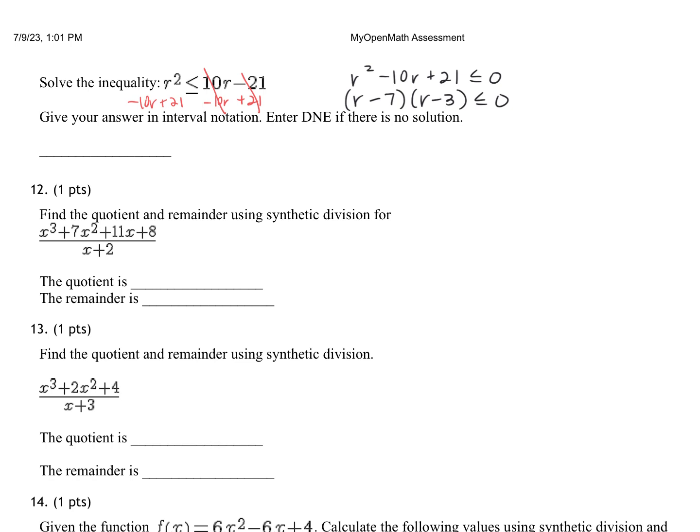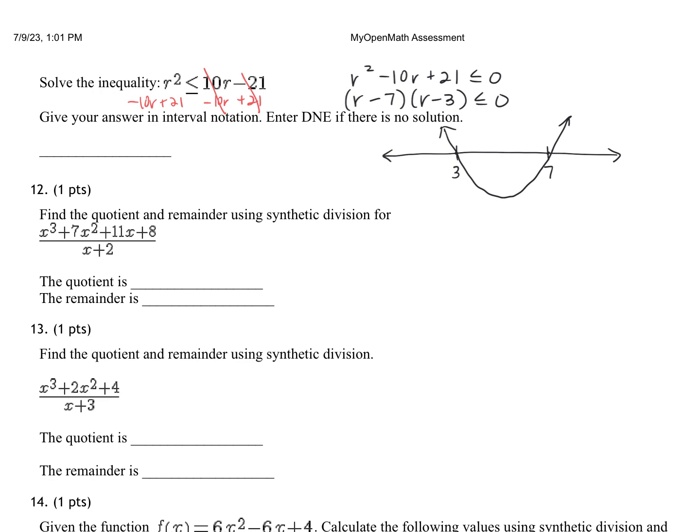And now I can do two things. I can either do the lazy graph or I can do the test point method. So I'm going to go ahead and do the lazy graph. So here is my number line. I have 3 and 7 on my number line because that's going to be my intercepts. And then it's a positive, so it's going to be going up.